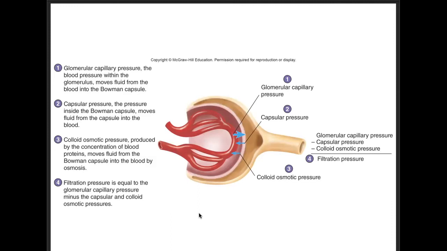The pressure inside the Bowman capsule moves fluid from the capsule into the blood. The colloid osmotic pressure produced by the concentration of blood proteins moves fluid from the Bowman's capsule into the blood by osmosis. And filtration pressure is equal to the glomerular capillary pressure minus the capsular and the colloid osmotic pressure. Okay, again, this part is the filtration pressure.